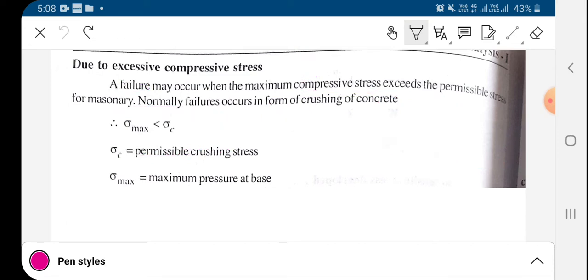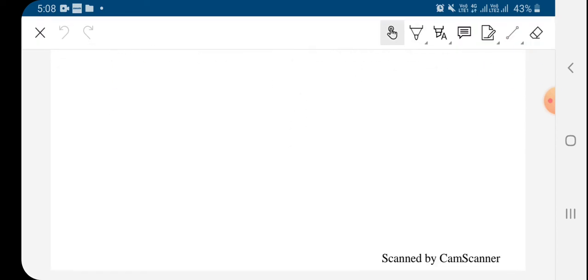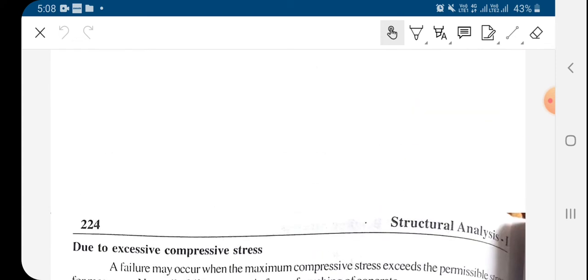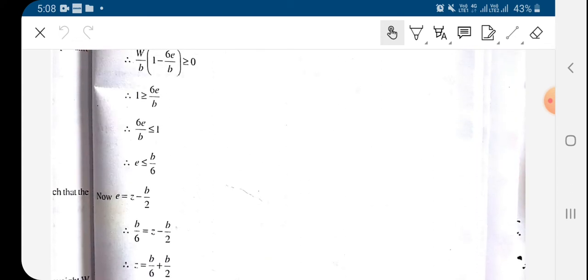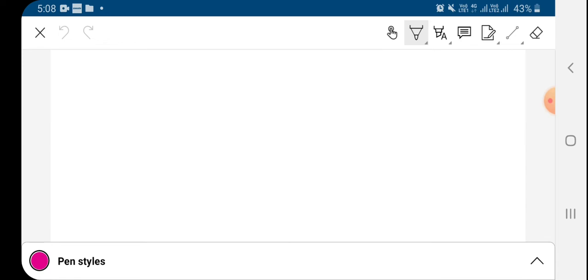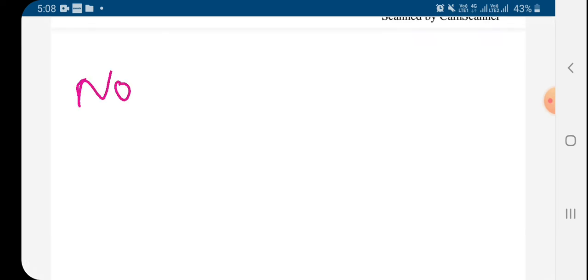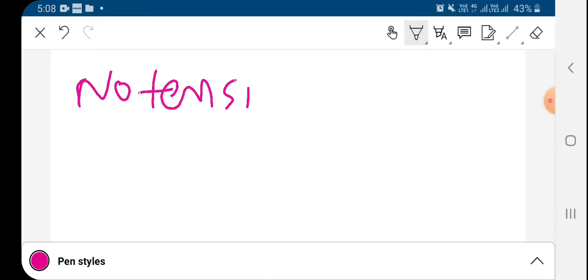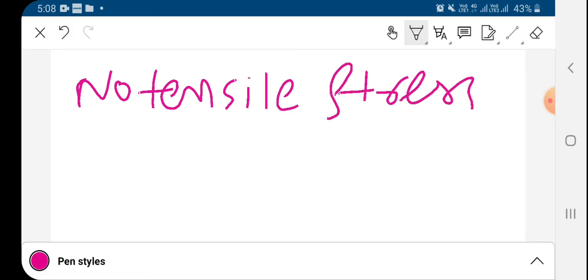And as we all know, concrete cannot take tension. The dam should be safe in tension also. So for that purpose, there should be no tensile stress generated in the dam.